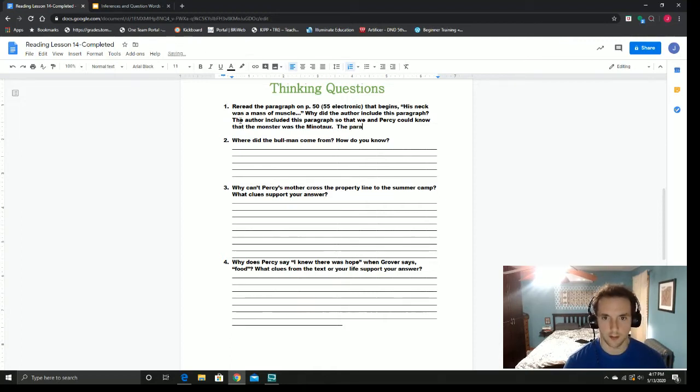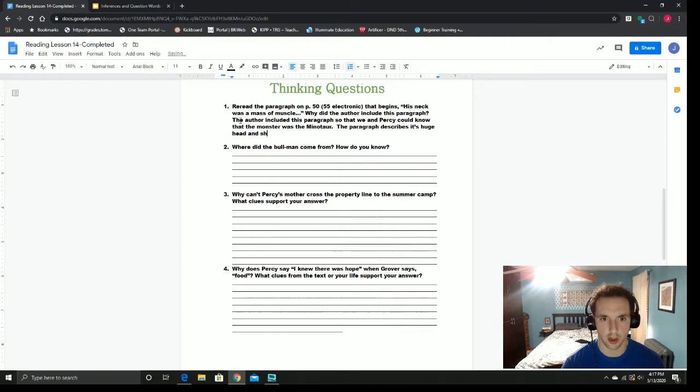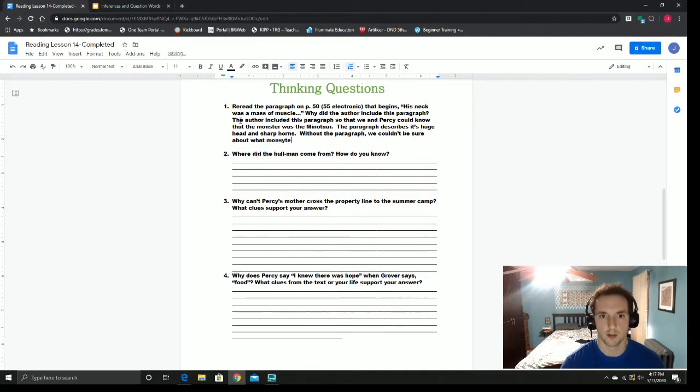The paragraph describes its huge head and sharp horns. Without the paragraph, we couldn't be sure about what monster Percy was facing. Cool. So that's why that paragraph is there. It gives us the information that we needed to know that this is the Minotaur and what it looks like.